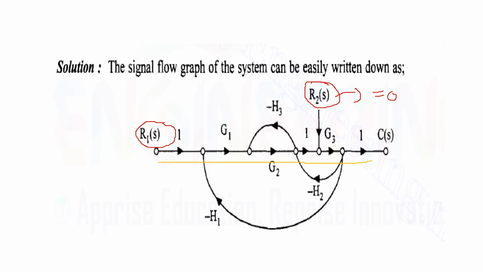So one direct forward path is this one. So your P1 is G1, G3. Now coming to the loops, okay, so this is one loop what I have, another loop is here, you have one more loop starting like this and you are ending at this point. So one forward path and 3 loops, and all the loops touch each other.